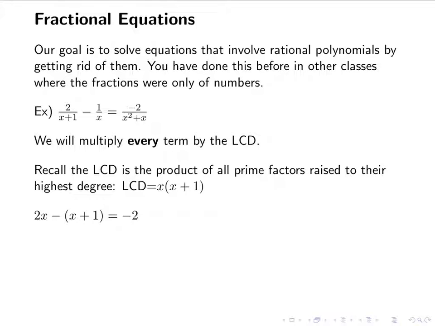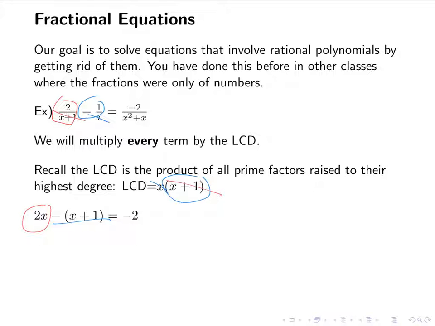So when we multiply, say, our first term by x times x plus 1, the x plus 1's cancel, and we're left with the 2 times the x. For our second one, we multiply 1 over x times x times x plus 1. The x's cancel, and we're left with the negative 1 times x plus 1.